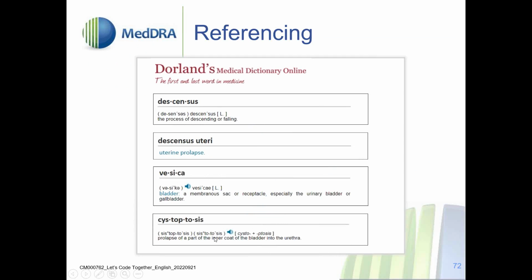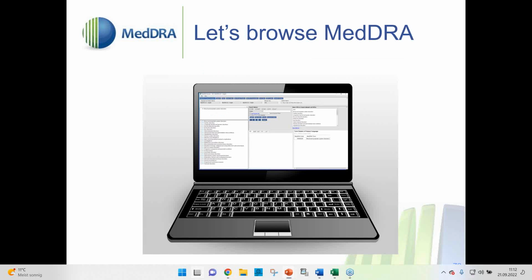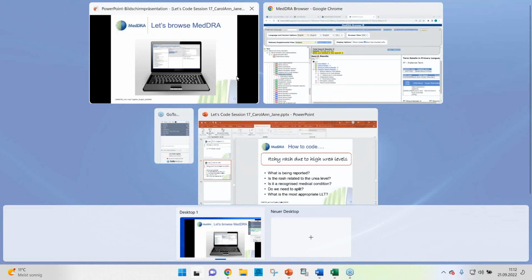And another option in the poll was cystoptosis. And this is a very specific term because it refers to the prolapse of a part of the inner coat of the bladder into the urethra. So only a part of the inner coat of the bladder is prolapsing into the urethra. So, a very specific term. And now let us check in the browser again.